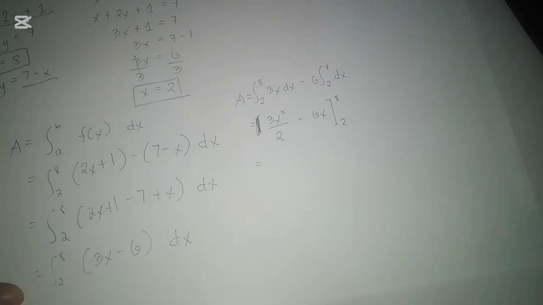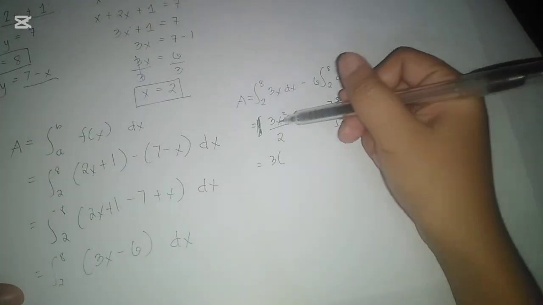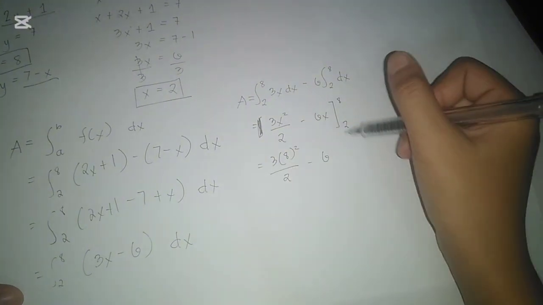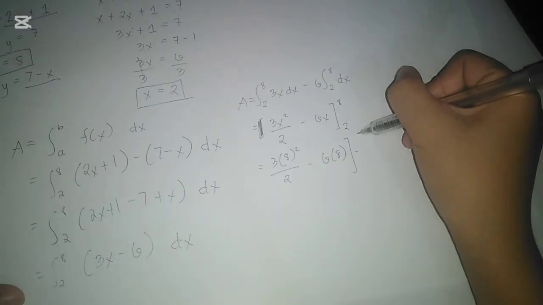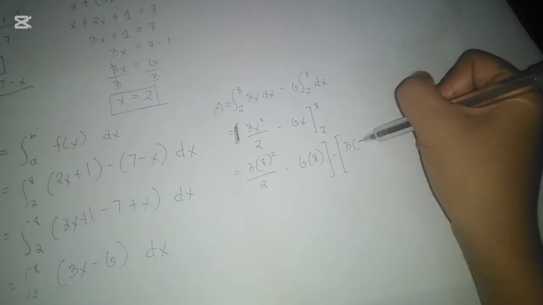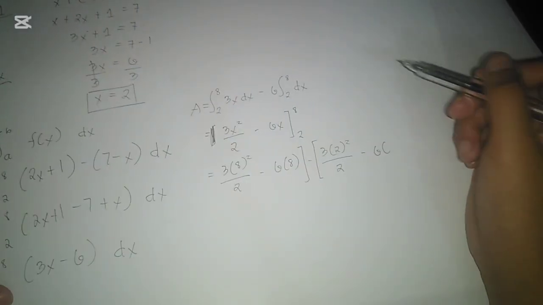Now in evaluating, we just need to substitute x by 2 and 8 and then subtract. So let's have 3, substitute x by 8, squared over 2 minus 6, substitute x by 8 again, and then subtract, and 3, substitute x by 2, squared over 2 minus 6 and substitute x with 2.